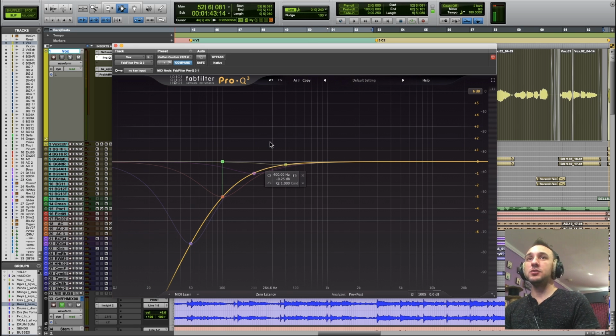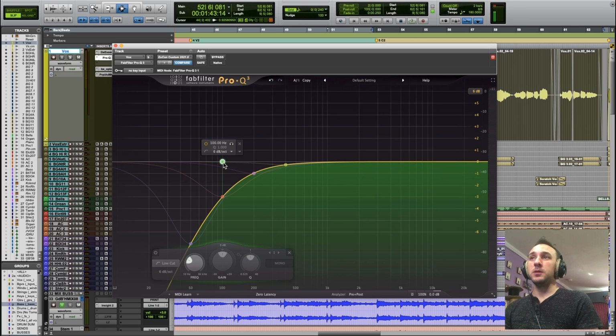This is about as gentle a slope as you're going to find on a high pass filter, 6 dB per octave. And what's interesting about this is if you look at the way the frequencies around the corner frequency are being affected, we can use this as a tone shaping filter.